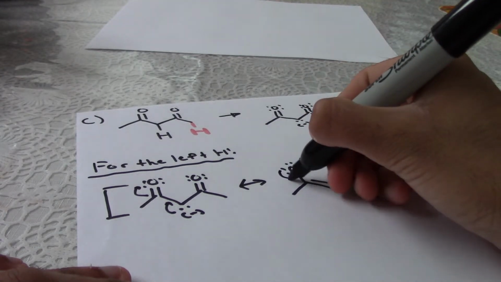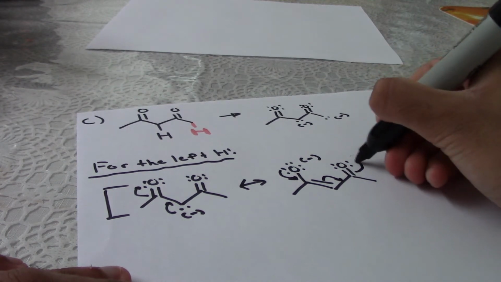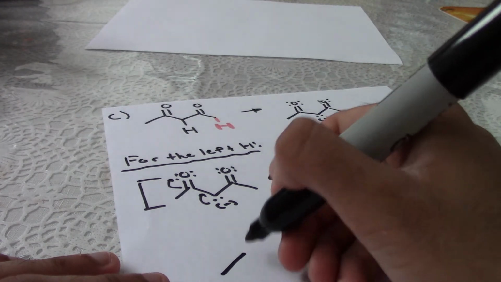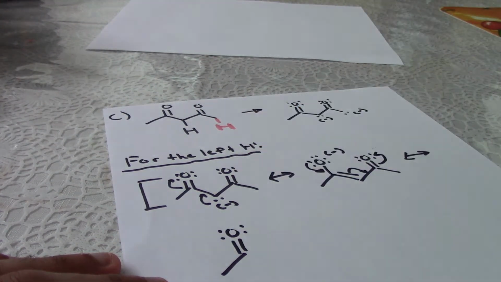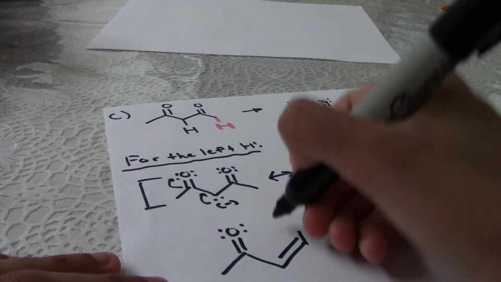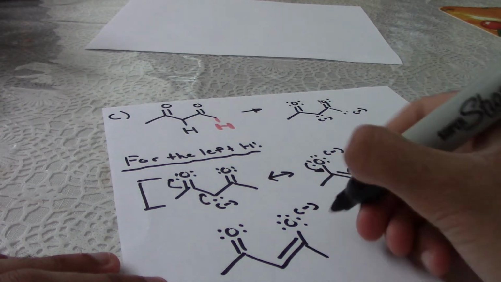What I can do is I can move this back here, I can move this over, and since we don't want to break the octet, we move that pair over. So now I have this.